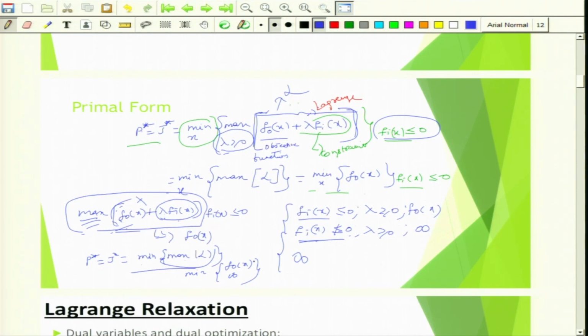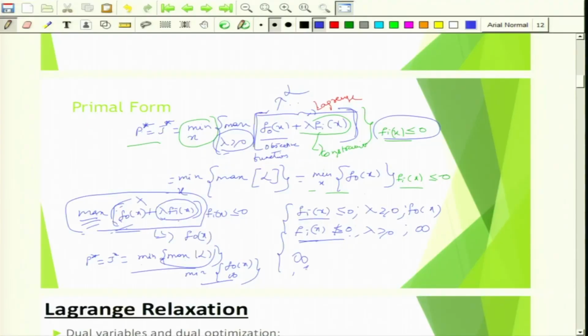On one hand you have a finite function, and on the other side you have an infinite number. Among these you have to pick the minimum value. Which one would you pick? It is f naught of x, because infinity is always a higher number, right? So the minimum of this will be f naught of x only. That is your original function, which is a cost function.